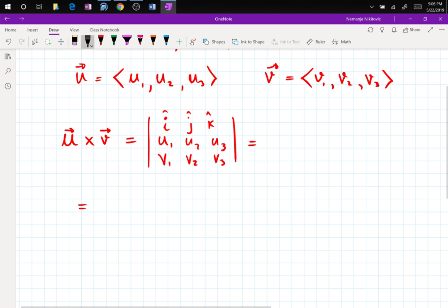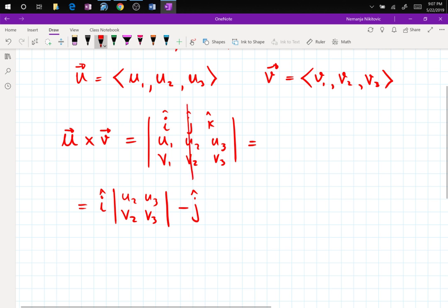Please look at this. We're going to take vector i, and when you put i down, that will eliminate a row and a column, leaving u2, u3, v2, v3 as a matrix to deal with. Now, minus j, you have to remember it's a negative there.